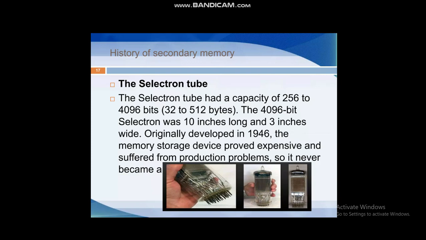The 4096-bit Selectron was 10 inches long and 3 inches wide. Originally developed in 1946, the memory storage device proved expensive and suffered from production problems, so it never became a success.